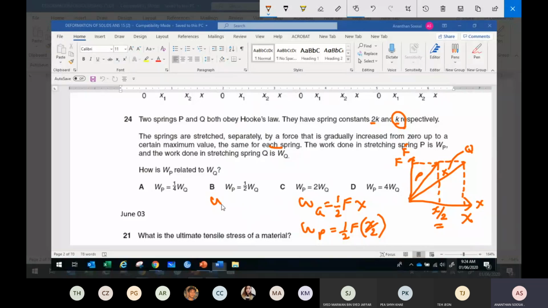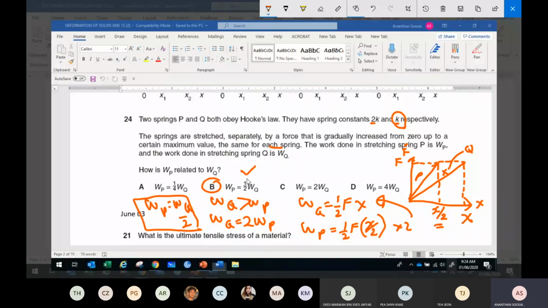So the energy of Q is 2 times the energy of P. Energy of P will be half of Q. So the answer is B.